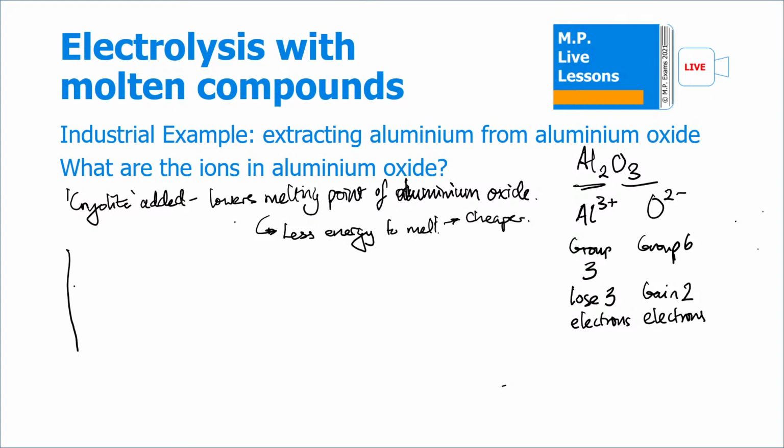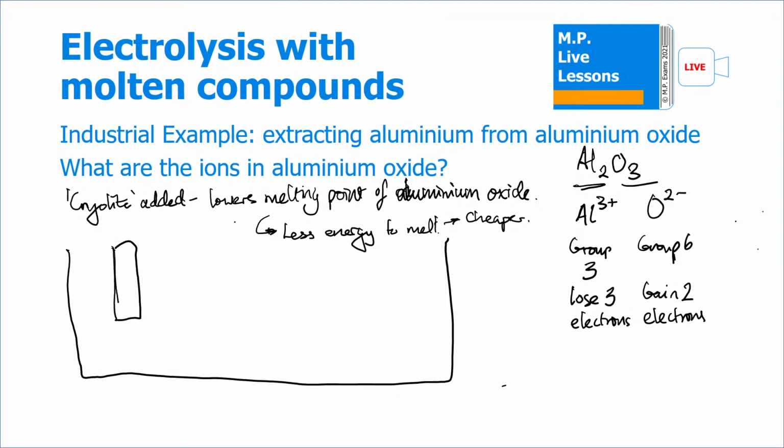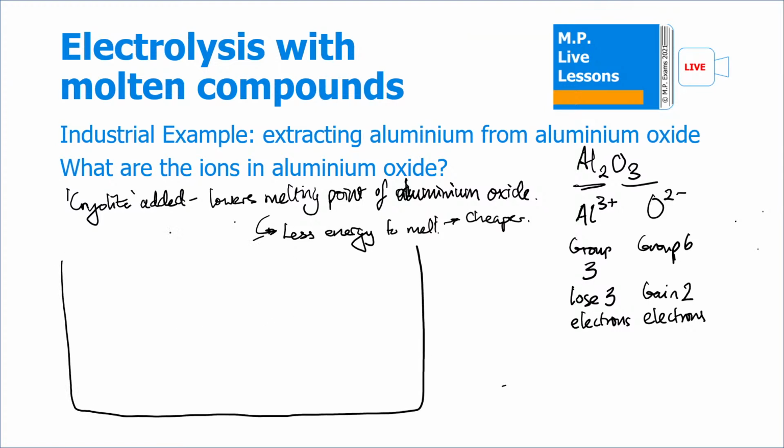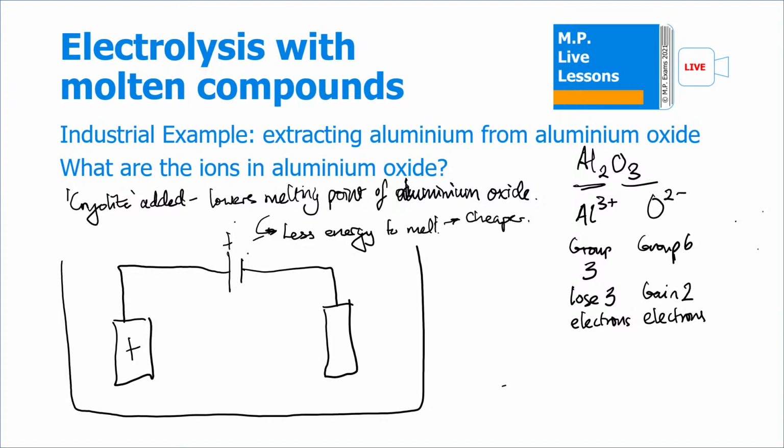Now what actually happens is you'll have a big container of this molten stuff, and you'll have 2 electrodes. One is positive, and the other one is negative.